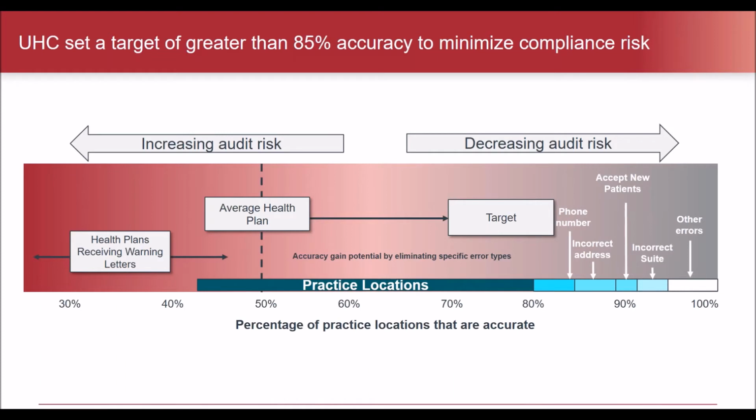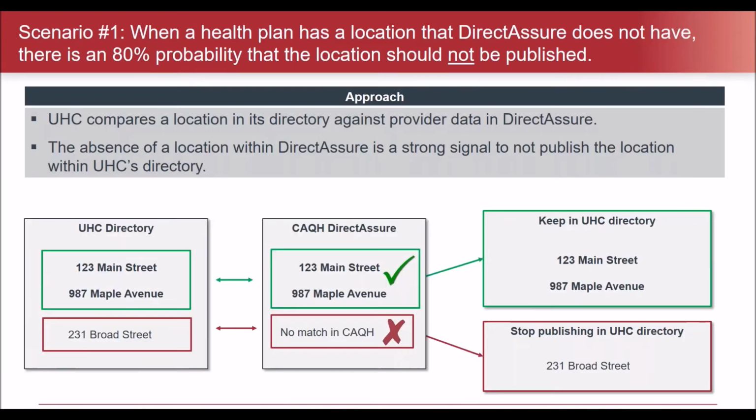Of course, they also want to work on the other ones, so phone numbers, incorrect addresses, and suite numbers, which they've been making progress on, and they've been utilizing a lot of the data from CAQH as well. But they've spent a strategic amount of time on the practice location issue. Okay, let's go forward and understand how they did that.